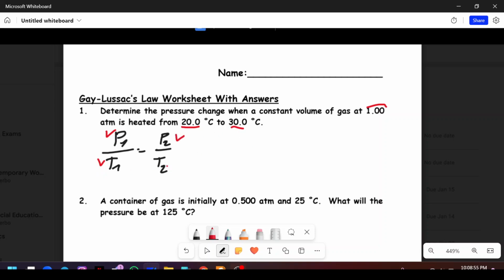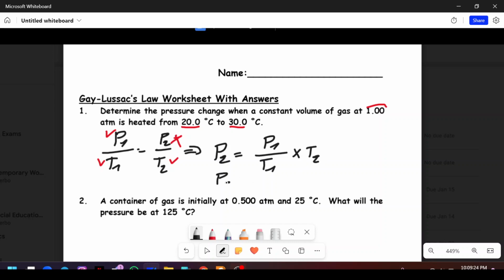The final temperature is known too. So what would be the final pressure? Rearranging this equation, P2 would be equal to P1 over T1 times T2.